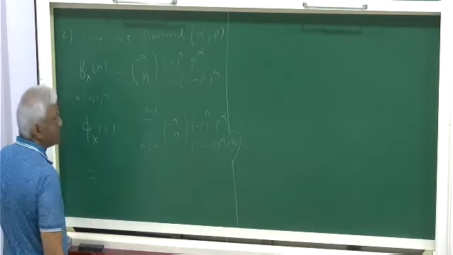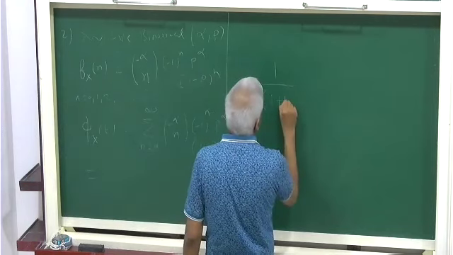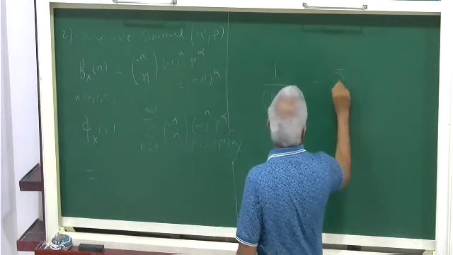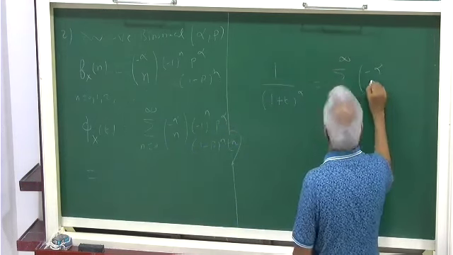Now, I have already told you that 1 by 1 plus t power alpha is equal to summation n equal to 0 to infinity of minus alpha choose n, t power n. This is a Taylor series.